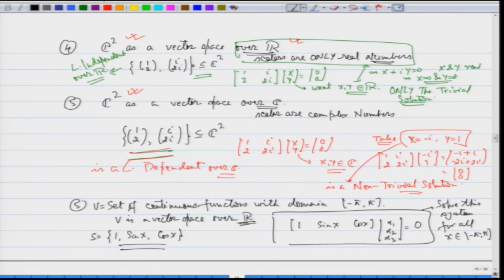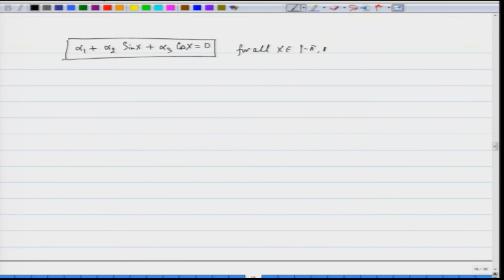What is the solution for this? I would like you to see that this leads to looking at the following: alpha 1 plus alpha 2 sin x plus alpha 3 cos x is equal to 0. Now, this is valid for all x belonging to minus pi to pi.